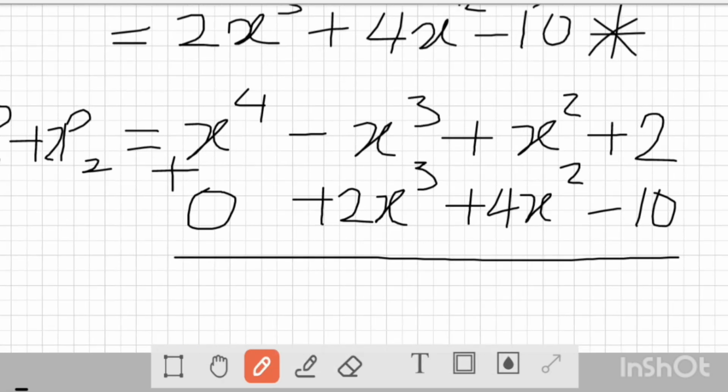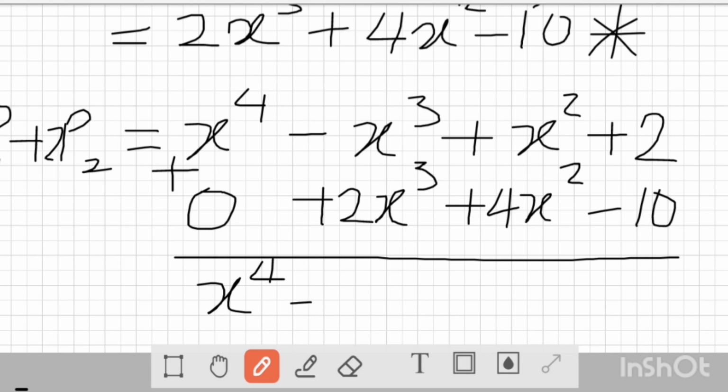So here I can add them. The first one is x raised to power 4 plus 0, which is still the same as x raised to power 4. The second one is minus x raised to power 3 plus 2x raised to power 3. Of course, I will subtract x raised to power 3 from 2x raised to power 3. It's just like you're subtracting 1 from 2.